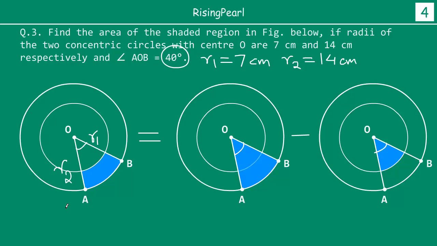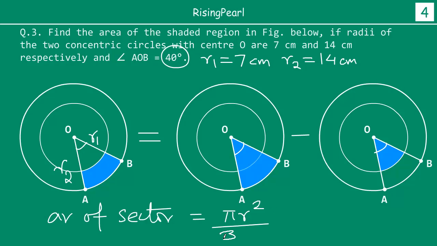And we know that the area of a sector is equal to pi r square by 360 times theta. This is the formula to find the area of a sector, and theta is this angle which is given to us, 40 degrees.